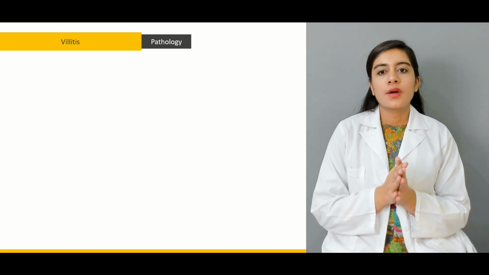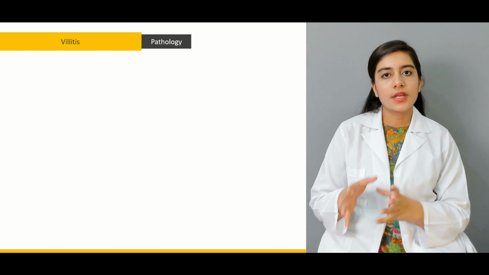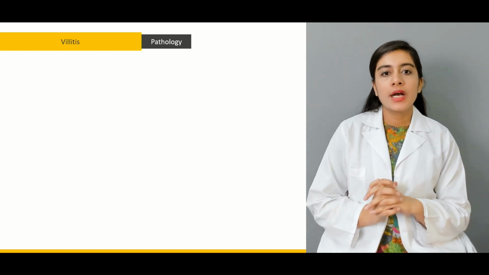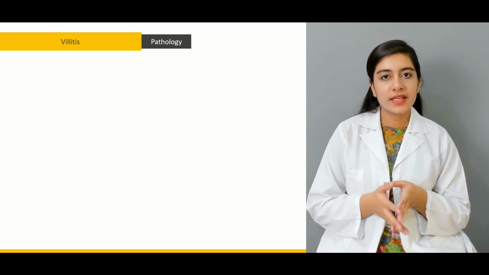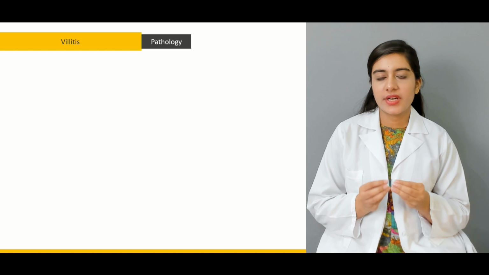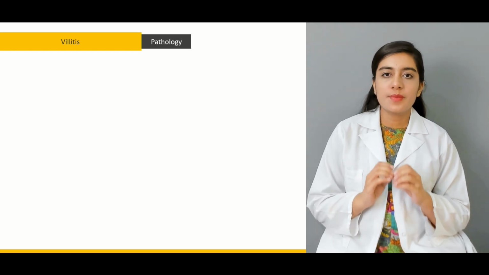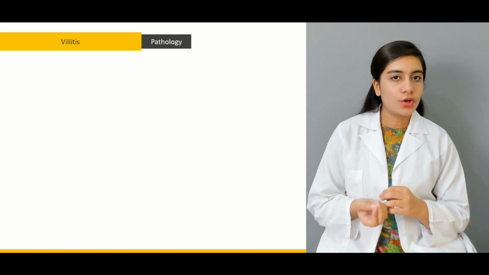Okay, now we will be discussing different infections that are taking place in different areas of the placenta. The first one is villitis. Villitis shows us that there is some type of infection present inside the mother, and the part of the placenta that it is affecting is the chorion.